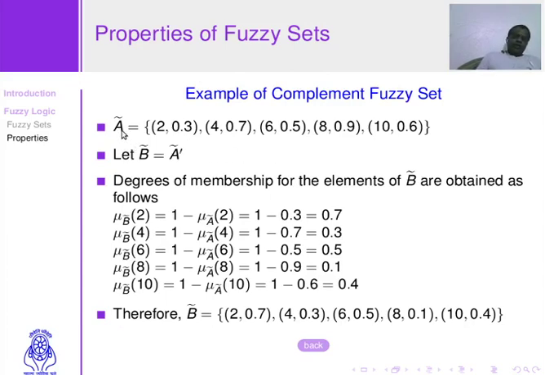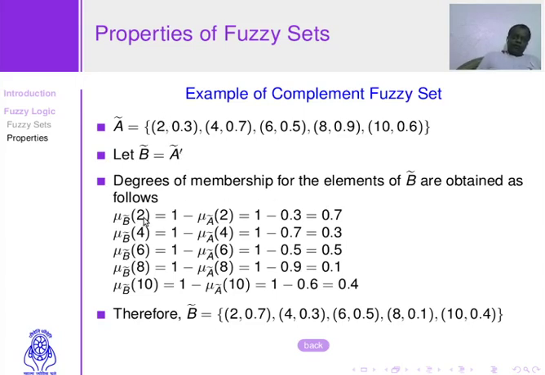So suppose we have a fuzzy set A with following elements and given degrees of membership, and let fuzzy set B be the complement of fuzzy set A. So degrees of membership for the elements of fuzzy set B are obtained as follows.